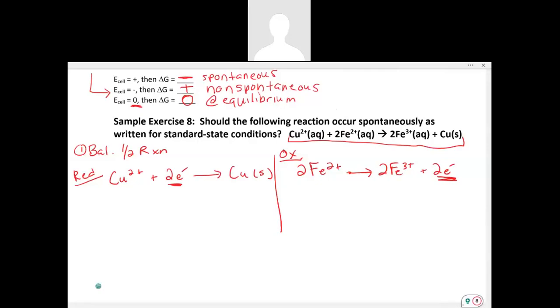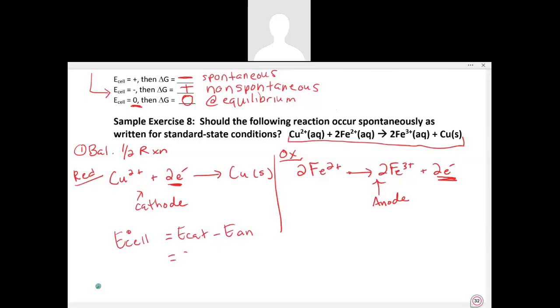So now we know that the copper equation is going to be our cathode. This equation over here will be at the anode, and that'll represent my oxidation equation. I'll go to my table now and look up the values for my cathode and anode. And if you recall, my E cell standard state is going to be E cathode minus E anode. I've already looked these up.